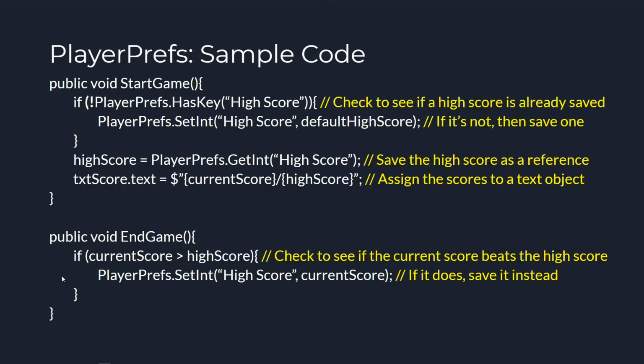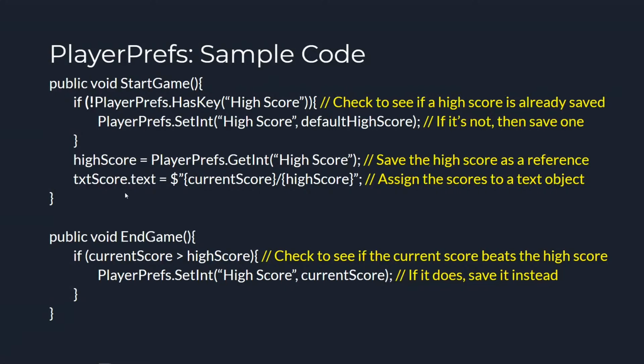And then at the very end of the game, we want to save it. So the game's about to end. We would say, if the current score is greater than high score, then using the key, set the integer associated with that key to the high score, or excuse me, to the current score. So here's it getting it at the beginning, and here's it saving it as the game ends.